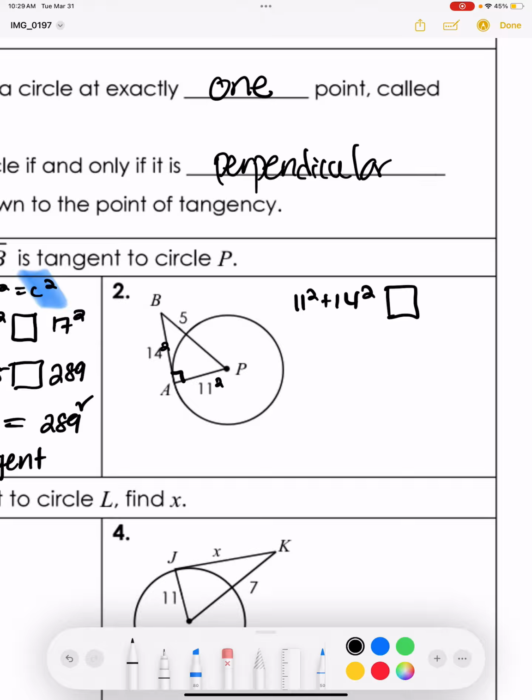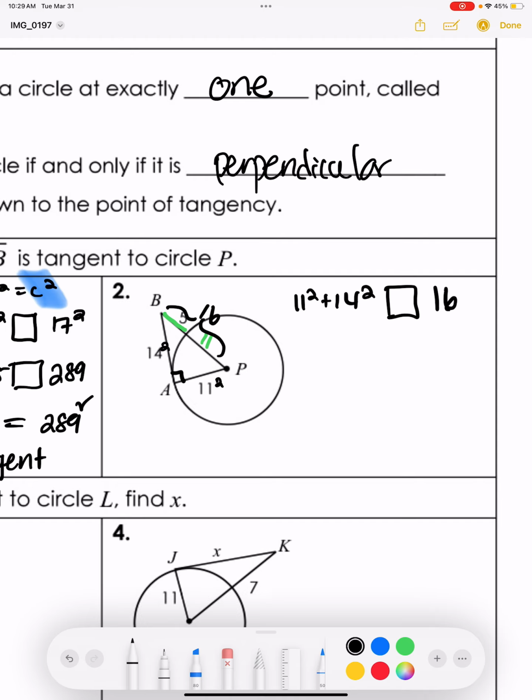Maybe it equals something else squared. And just know that this side is 5, but we still need to add this extra piece. How long is it? Well, it's the same as this one because it's a radius. They're both radii. So it's got to be 11. So 11 plus 5 is 16. This whole side right here is 16.